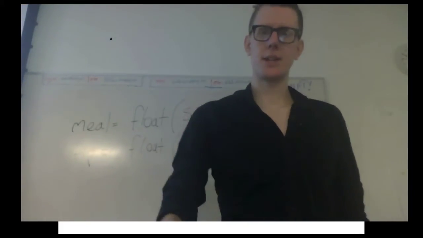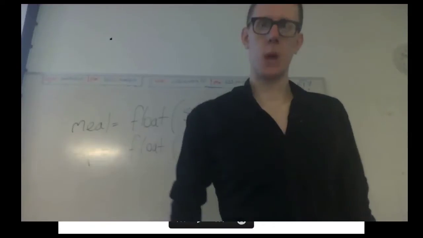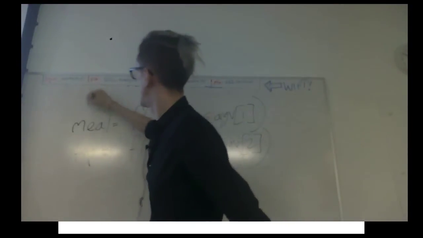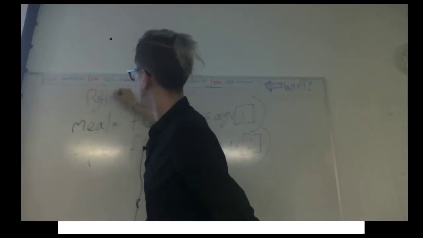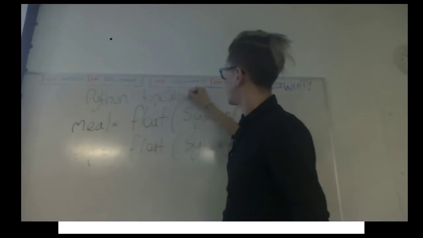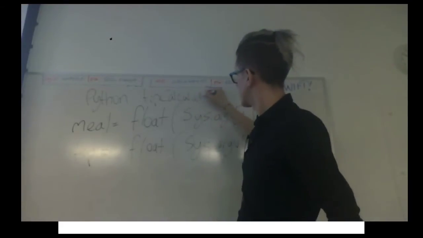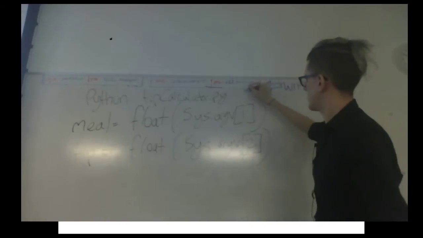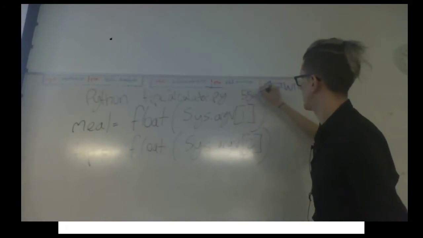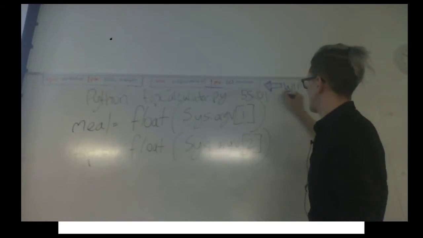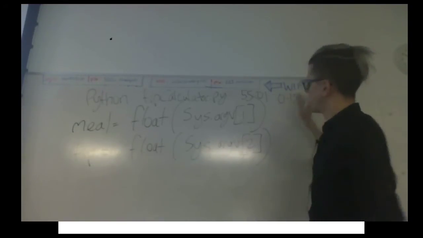And when you run it, we can run it with the line python tipCalculator.py, and then you can put some meal value, for example 55.01, and then some tip value, for example 0.18.